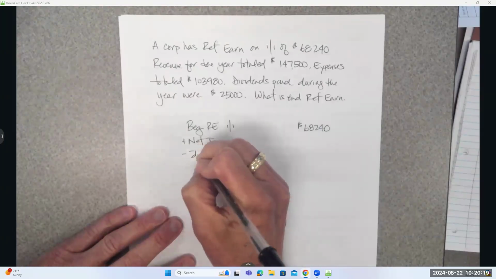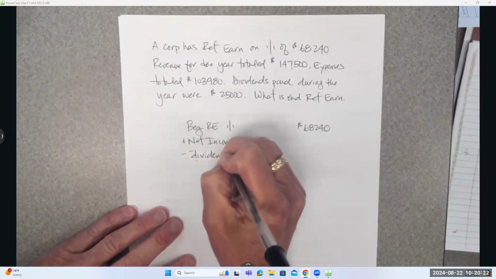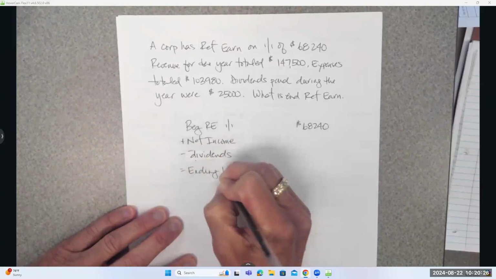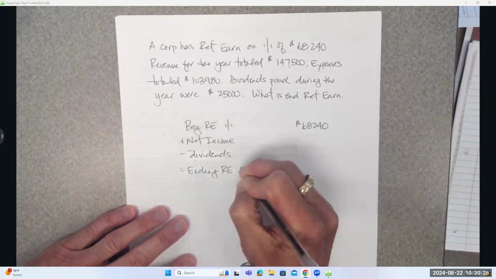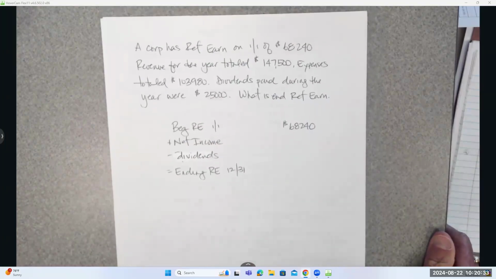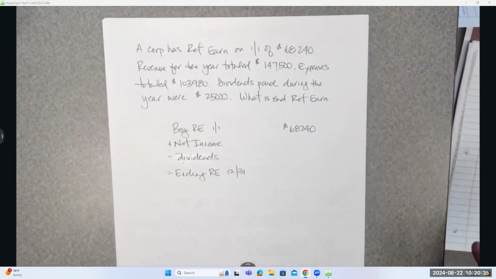Subtract dividends to get ending retained earnings. Well, what is the net income? That was not given, but we can find it, right?